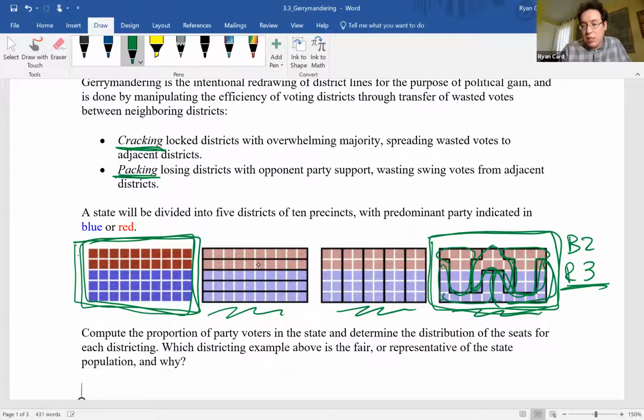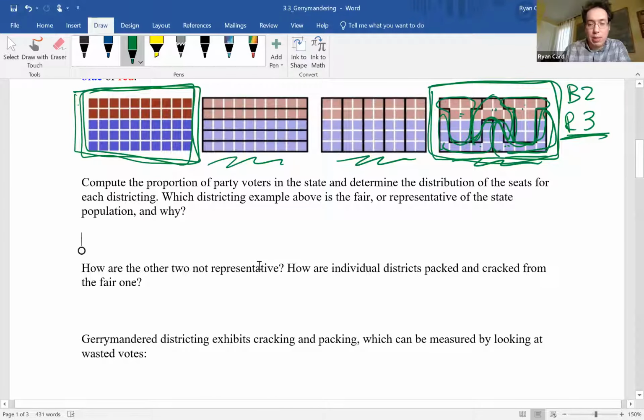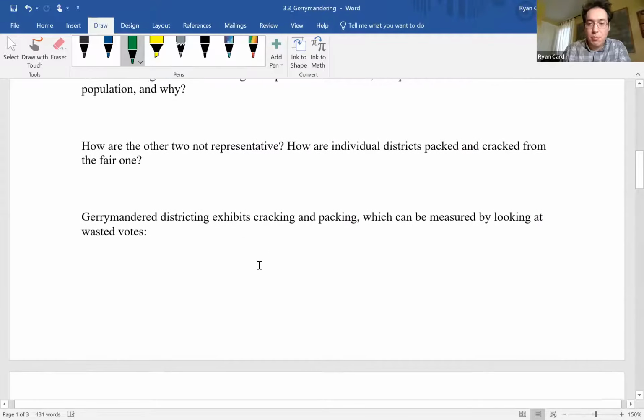But just by the way you draw it, you could make this happen. You can see that the top 3 districts are cracked. It barely goes to the red side, and these bottom 2 districts are packed, right? So blue wins by majority, but by doing that, they're wasting a lot of votes. So I want you to work out what happens in the other 2 situations and answer a few questions about what you think about them. Okay.